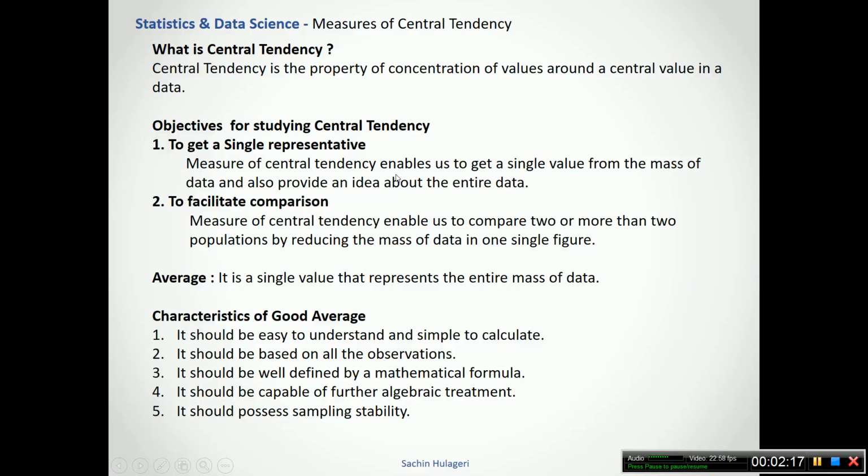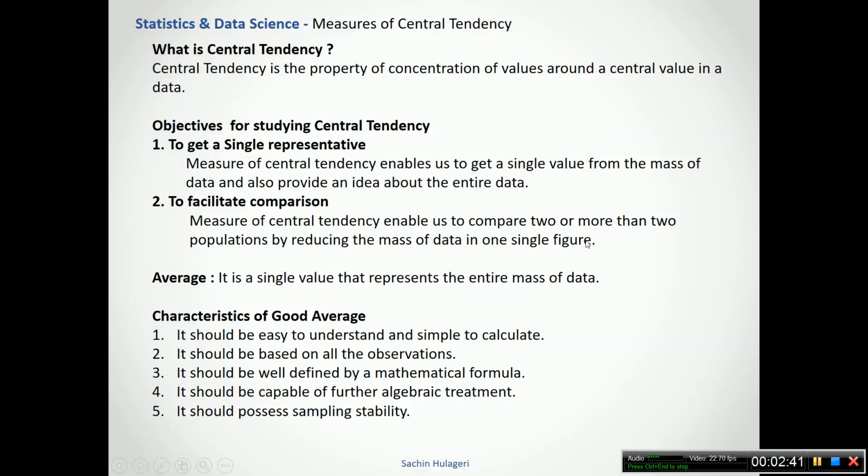A measure of central tendency enables us to get a single value from the mass of data and also provides an idea about the entire data. Second, to facilitate comparison, the measure of central tendency enables us to compare two or more populations by reducing the mass of data to a single figure.